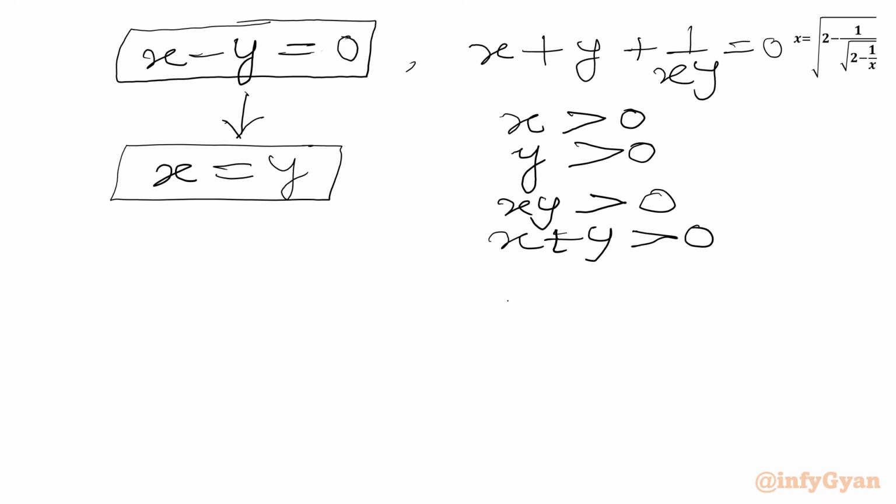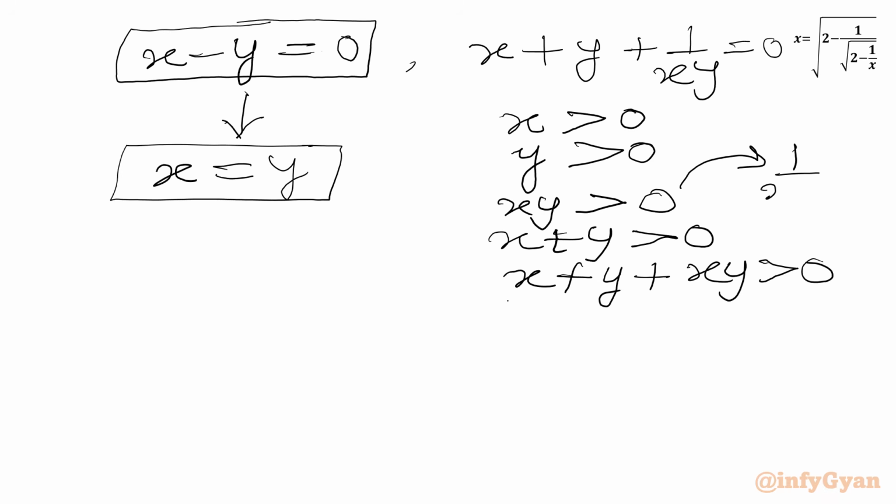Once we add these two, we are going to get x plus y plus xy must be positive. From this inequality, I can write 1 over xy, because xy is positive, 1 over xy must be positive. So I can write here x plus y plus 1 over xy.